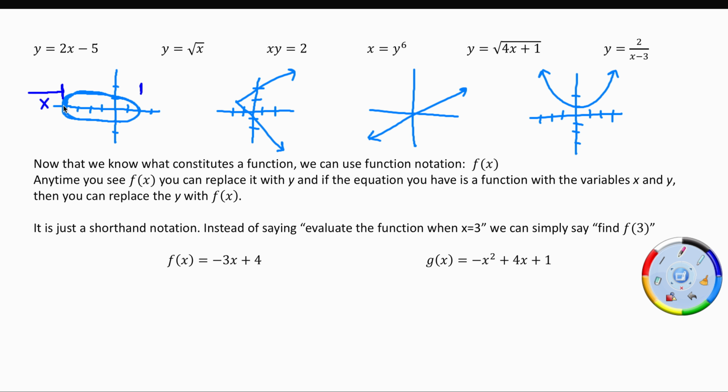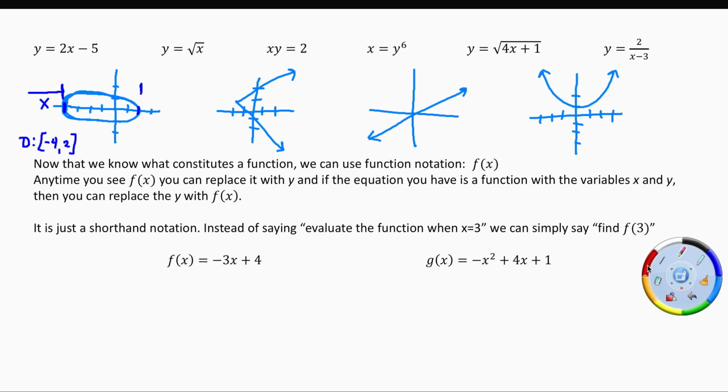So my x values, my domain, go between -4 and +2. So the domain for this function, this is not a function, the domain for this relation, is from -4 to +2.